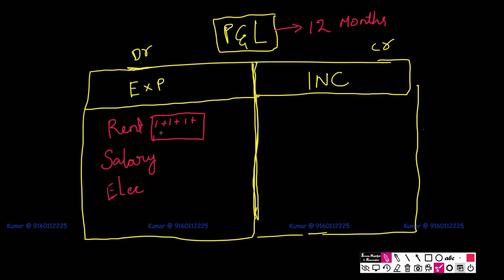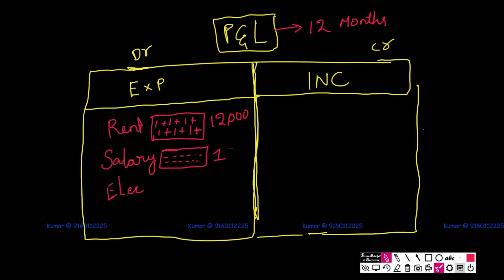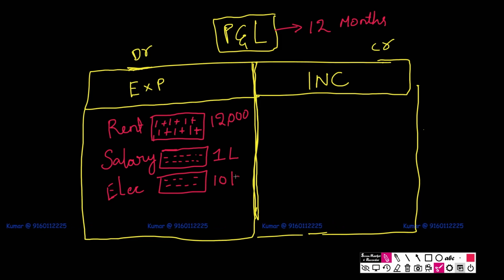And salary, every month I'm paying some salaries. For example, for all 12 months together it becomes 1 lakh. Electricity, say every month I paid 500 or 1000, everything becomes like 10,000.